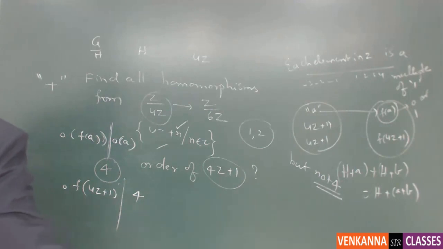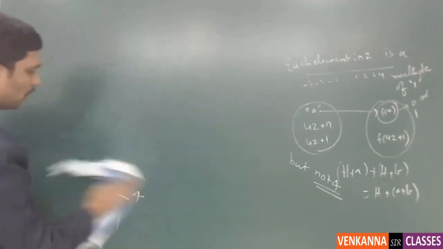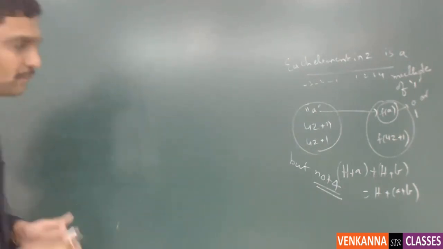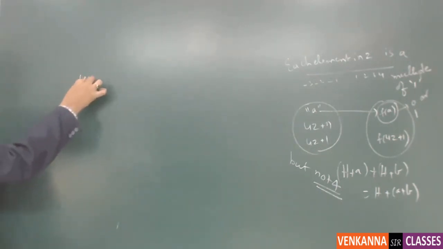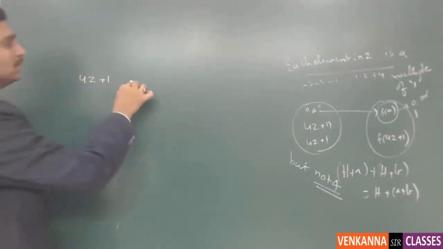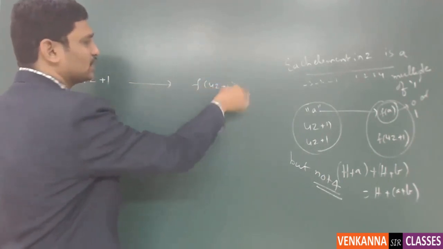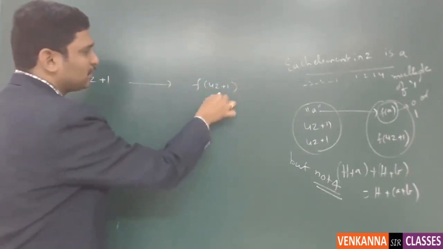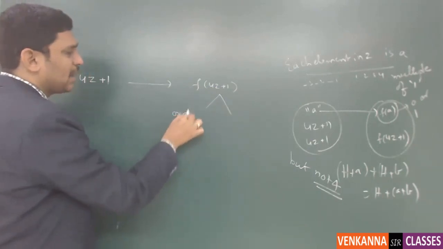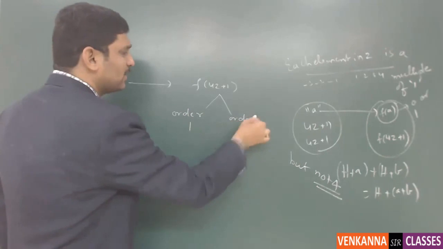And another thing is, you have known one criterion that if you take the element 4z plus 1, its image is f of 4z plus 1, and it is possible that either the order of this element must be 1 or the order of this element must be 2.